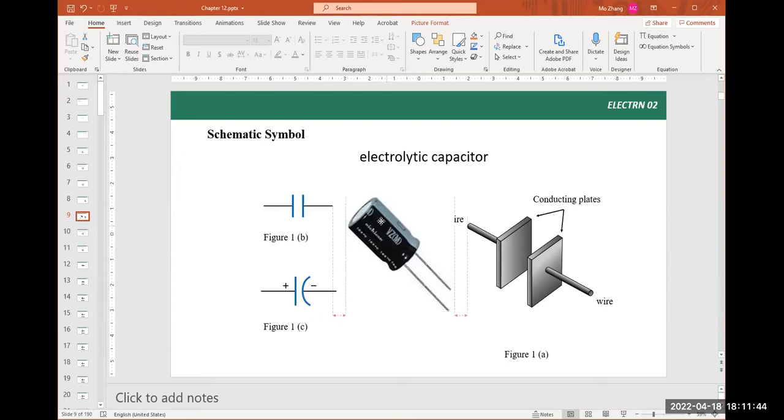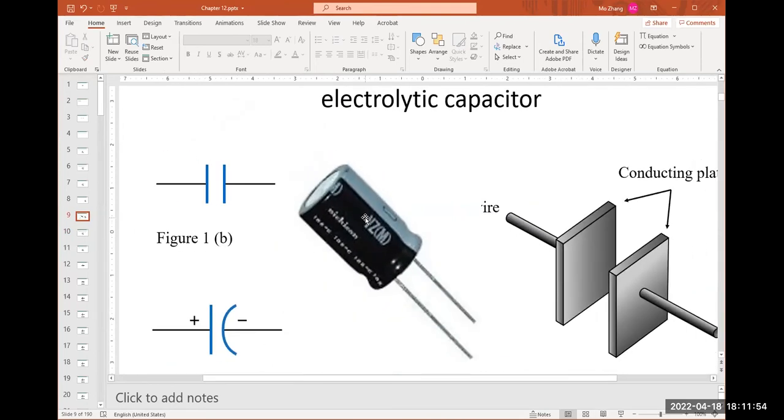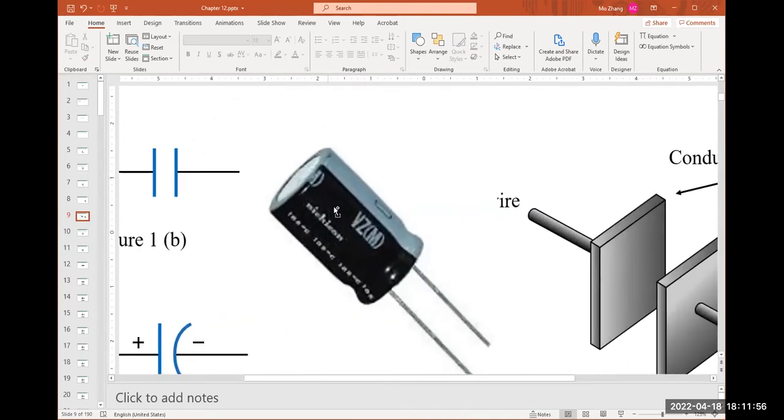And here is the electrolytic capacitor. We're going to look at this again with a better picture, but we can quickly preview here. On this electrolytic capacitor, one side has a stripe, and on the top there is a bar.